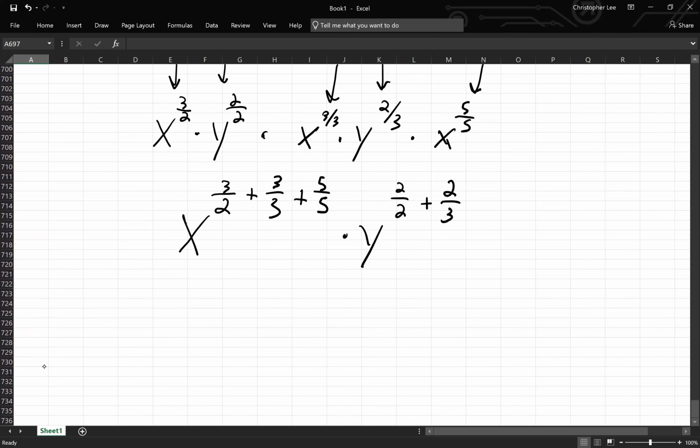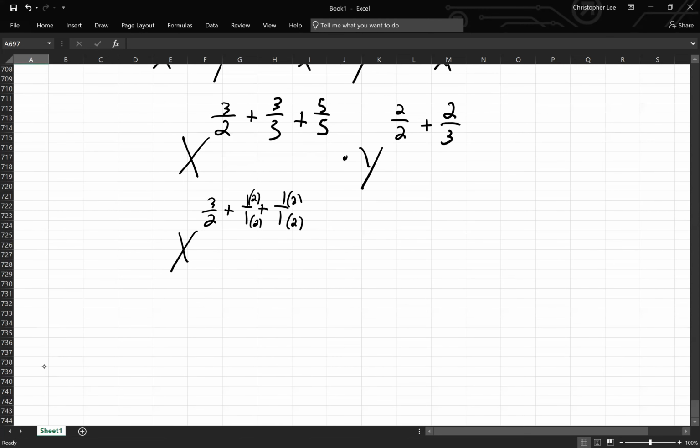This is like 3/2 plus 1/1 plus 1/1. Multiply this by 2, 2, 2, 2. So that's like 1 plus 2, 5 plus 2, 7. So this is x to the 7/2.